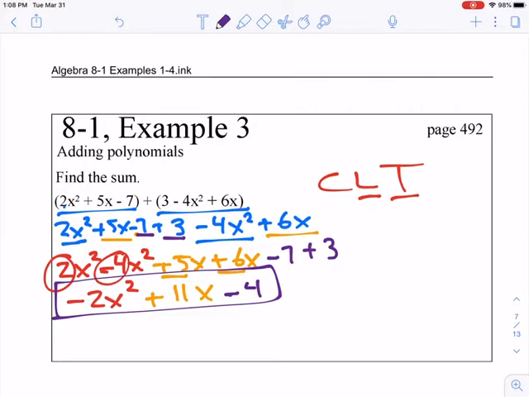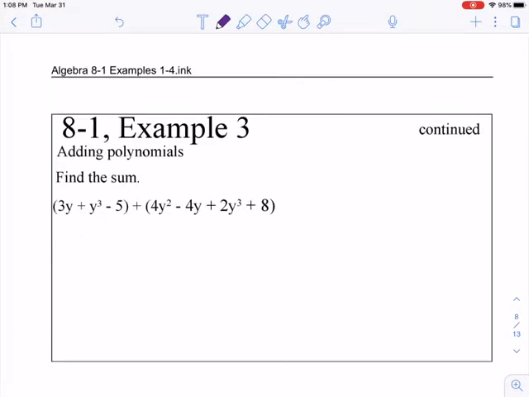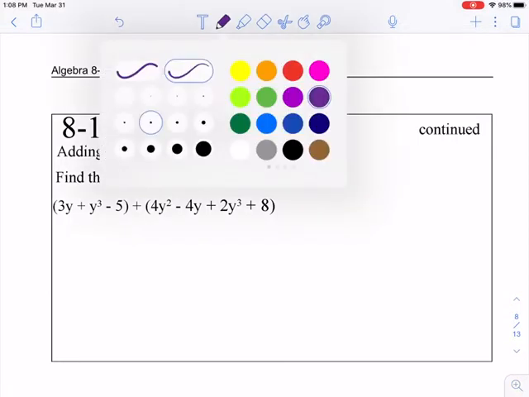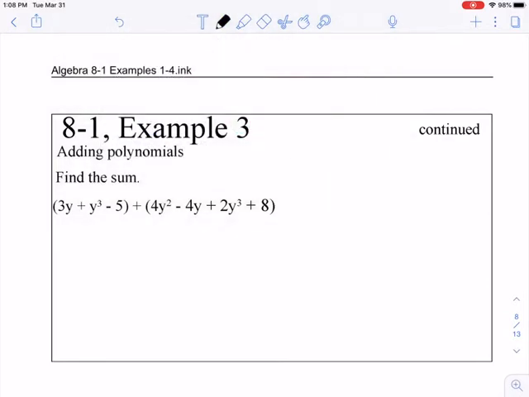All right, so let's look at one more example before I turn you loose on one. I'm going to use just one color this time. I'm going to rewrite everything, but I'm going to group things together. I'll start with plus y cubed and plus 2y cubed.